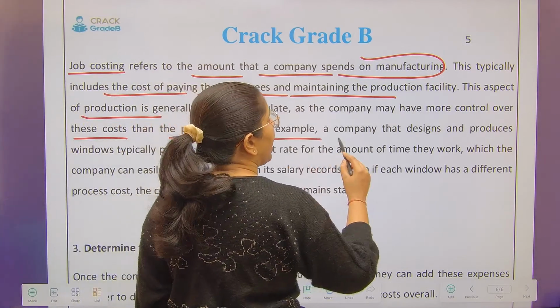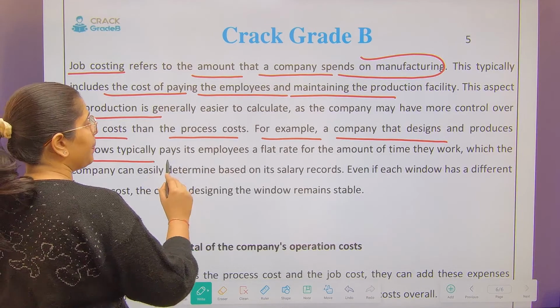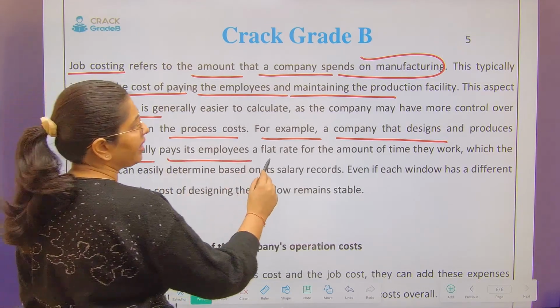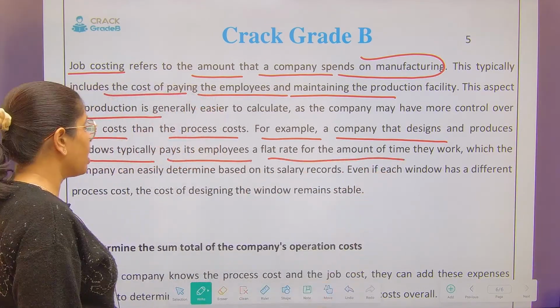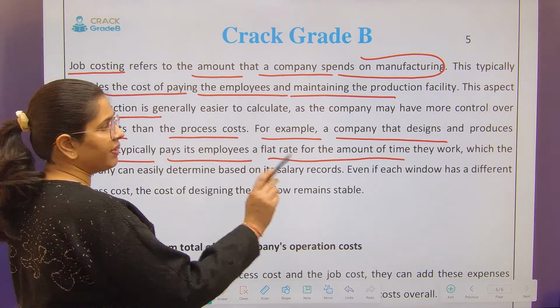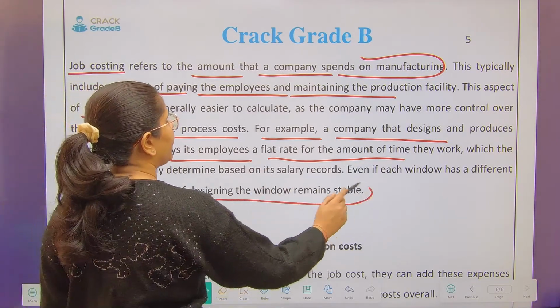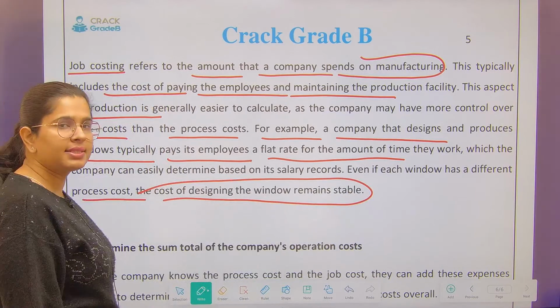For example, a company that designs and produces windows typically pays its employees a flat rate for the amount of time they work, which the company can easily determine based on the salary records. Even if each window has a different process cost, the cost of designing the windows remains stable.